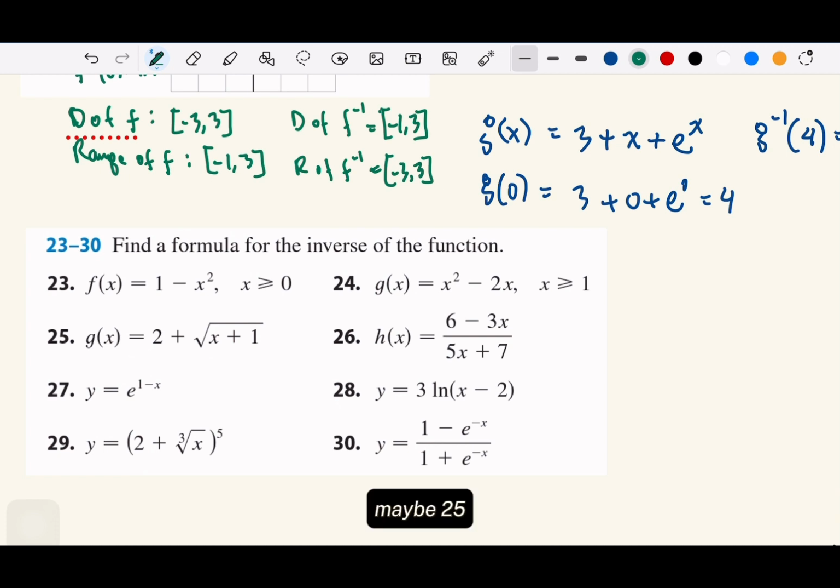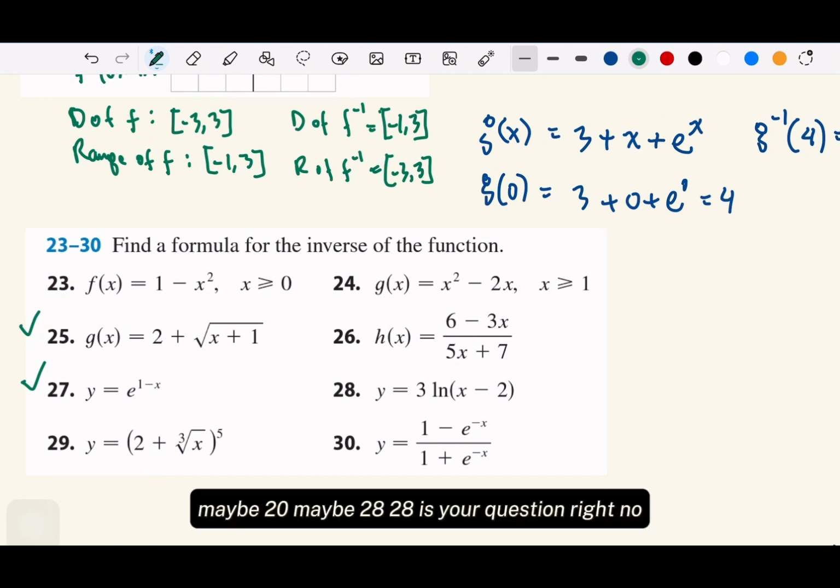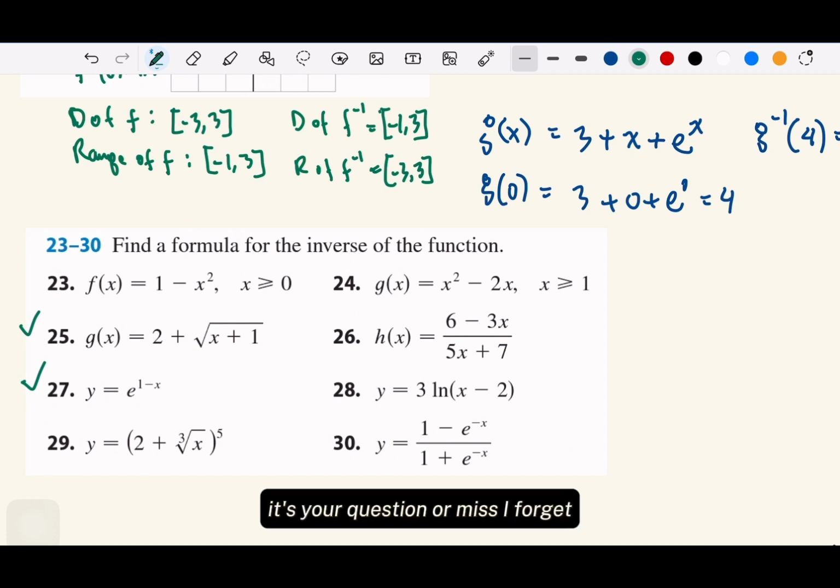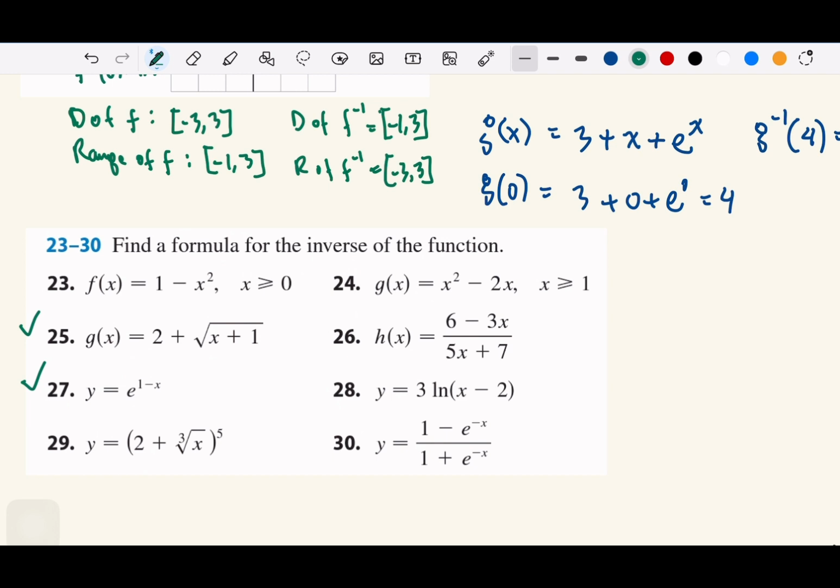Maybe 25, maybe 27, and maybe 28. 28 is your question, right? Is it your question or not? I forgot. I think it's similar to your quiz, right?